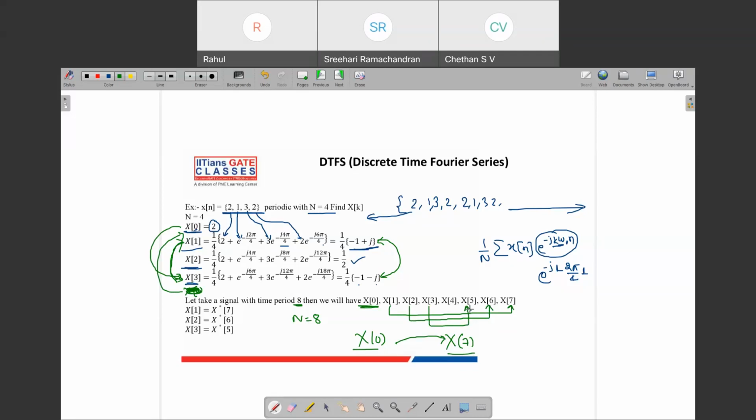So if you calculate just x of 1, no need to calculate x of 7, you can just take the complex conjugate and find x of 7. Similarly for x of 2 and x of 6, and x of 3 and x of 5 also. So just calculate x of 3, take the complex conjugate, and you'll get x of 5. Does anyone have any doubt here?